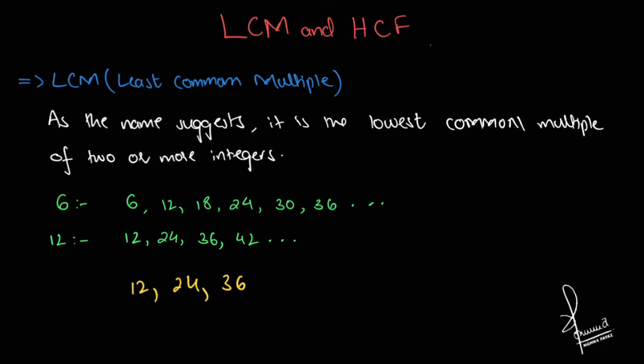So these are the first 3 common multiples that I can see. Now what will be the LCM of these? The LCM will be the number which is the least common multiple of both these numbers. What is the least common multiple? 12. So what will the LCM of 6 and 12 be? LCM of 6 and 12 will equal 12.